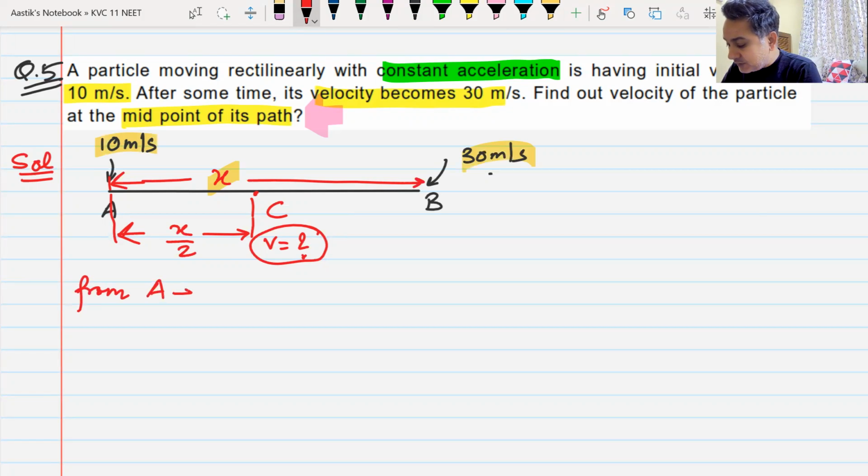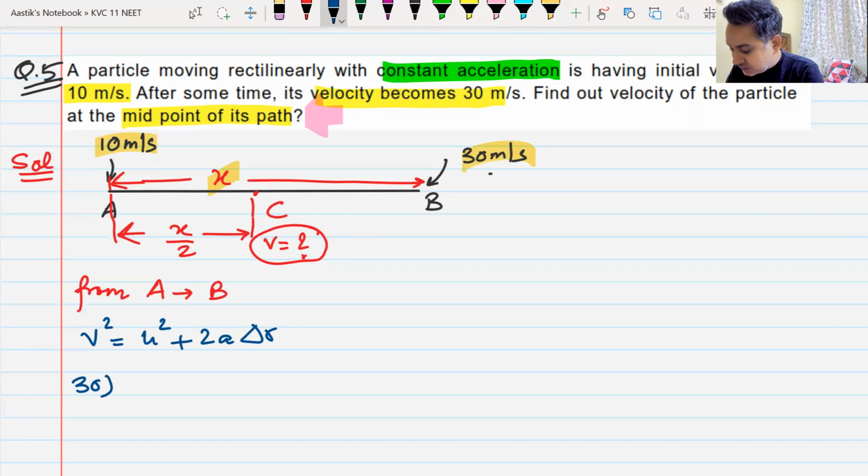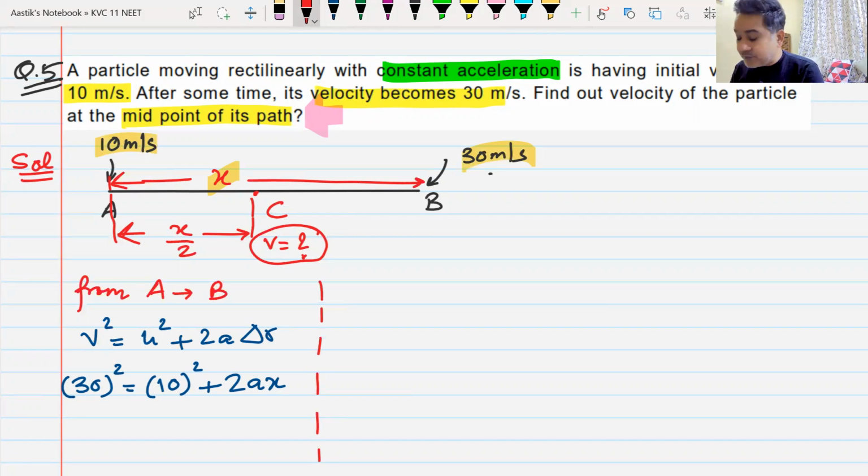So first I apply the equation from A to B: v square is equal to u square plus 2 times a multiplied by the displacement. Final velocity is 30, so 30 square, that would be equal to initial velocity 10, so 10 square plus 2 times a, since I don't know the acceleration, and displacement is x. Do we understand this? This is the equation I have made from A to B.